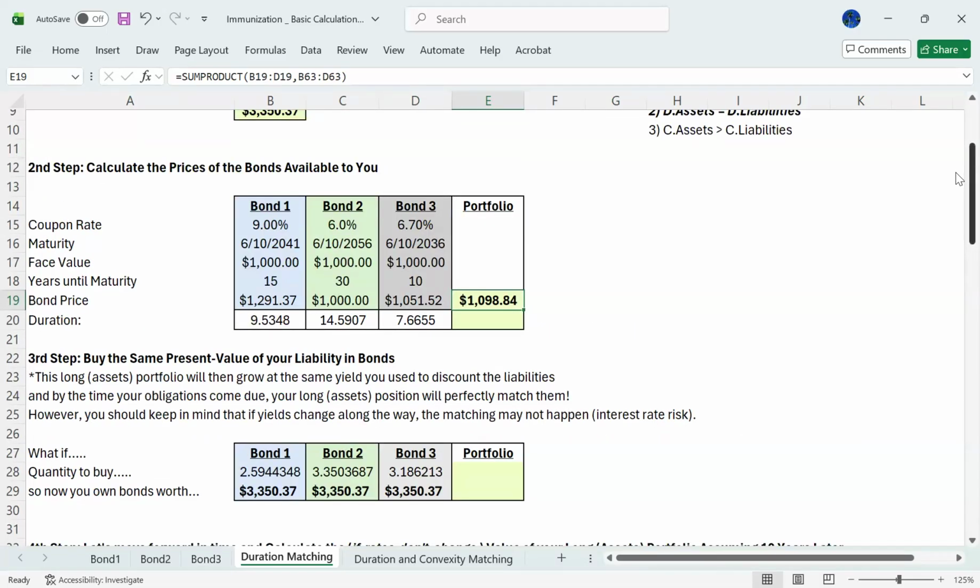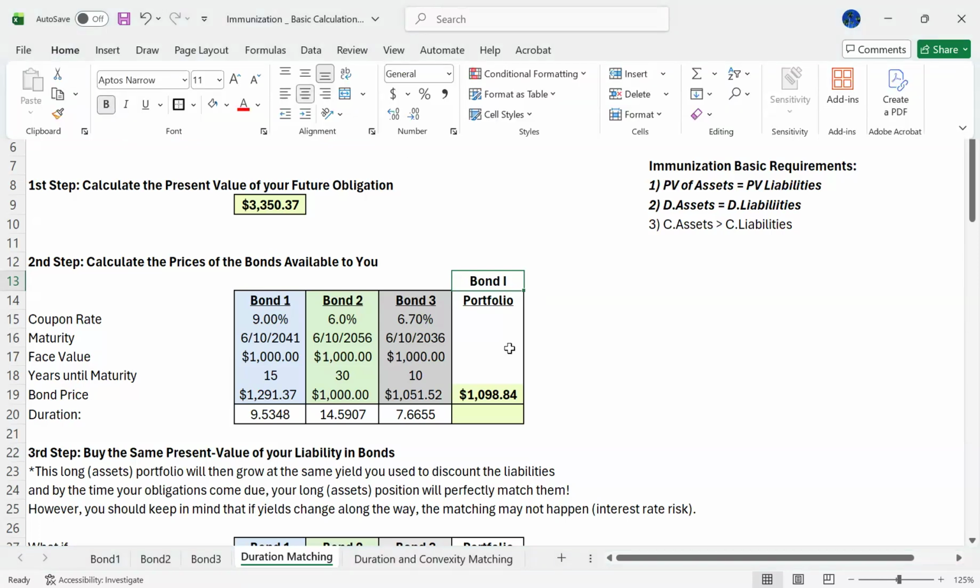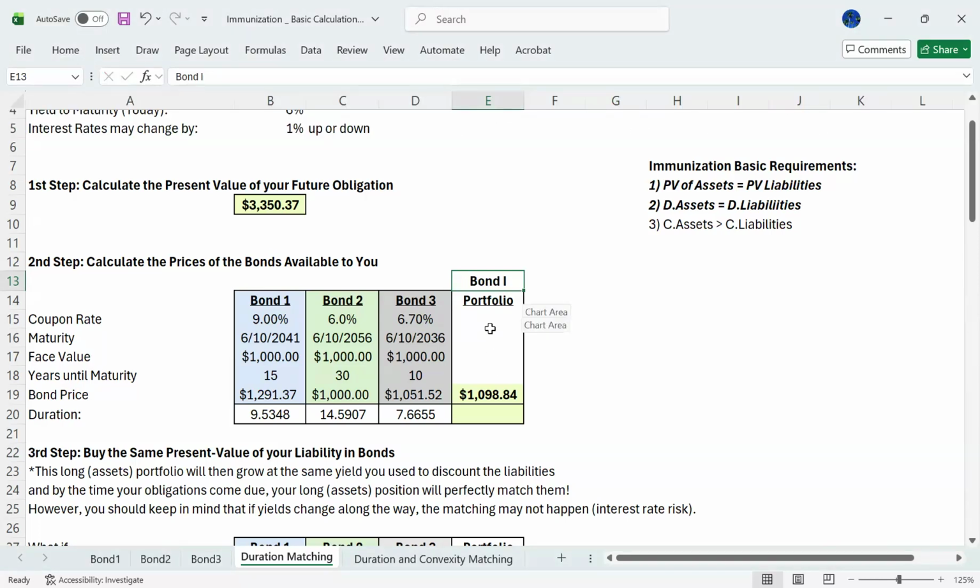If I am investing in those weights, this portfolio is like a hypothetical bond. Let's call it bond immunize, bond I. That is what I'm forming when I'm forming this portfolio.